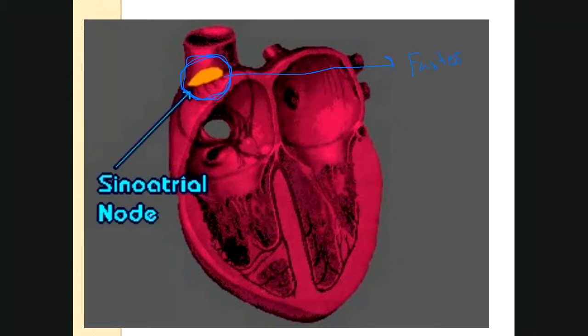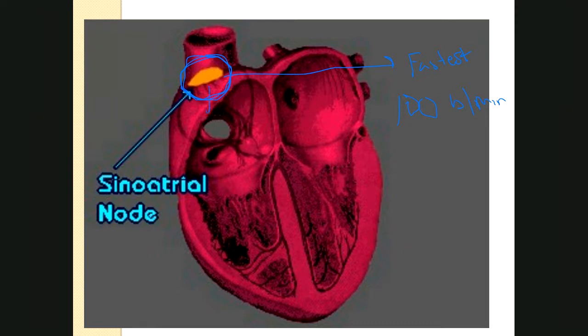It depolarizes more often than any other part of the heart. And if you don't have any other influences, it does it about 100 times per minute. So about 100 times per minute, this thing's going to go through an action potential.